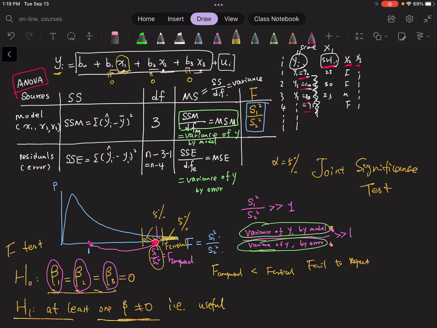Here, the F-test just gives you the general idea of whether this model is useful, whether any of the regressors you picked is a useful explanatory variable. If you reject the null hypothesis, that means you accept the alternative, that your model is useful in explaining y. But which independent variable is useful, you should do the individual t-test.